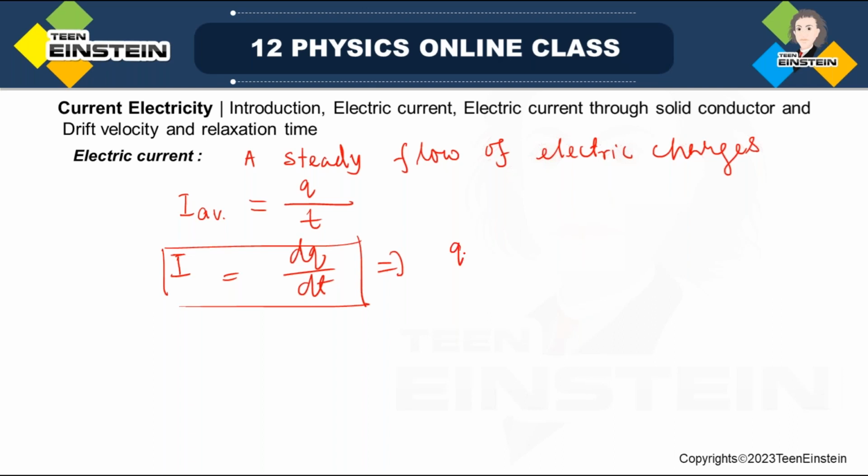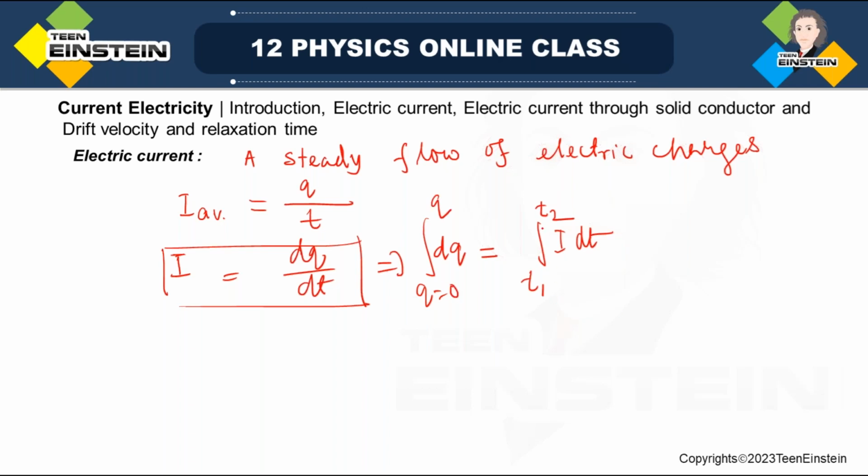If I want to know the total charge flow that happened, I have to do it this way: integral of I dt, suppose from time t1 to t2. I mean to say you have to do the integration of dq from 0 to q.